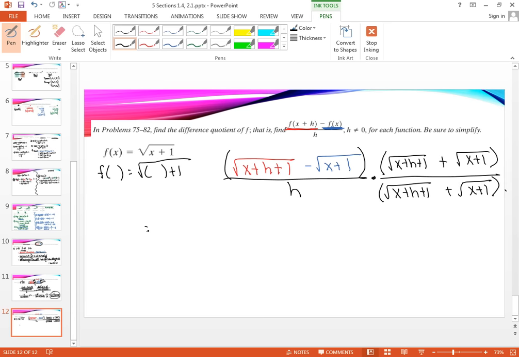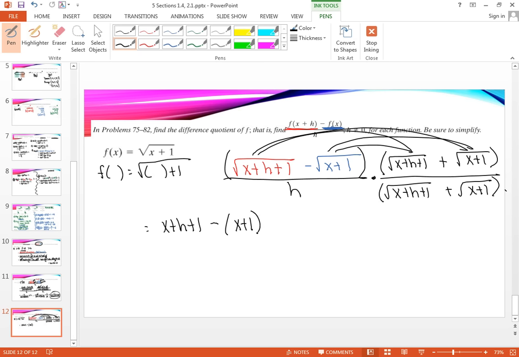on the top, when I do first times first, square root times square root, I get the x plus h plus 1. When I do outer times outer and inner times inner, those add together to 0. Then I do last times last, I get minus square root of x plus 1 times square root of x plus 1 is x plus 1.